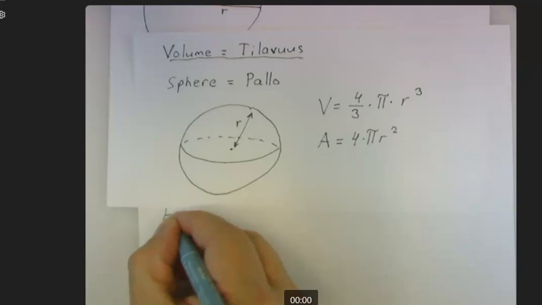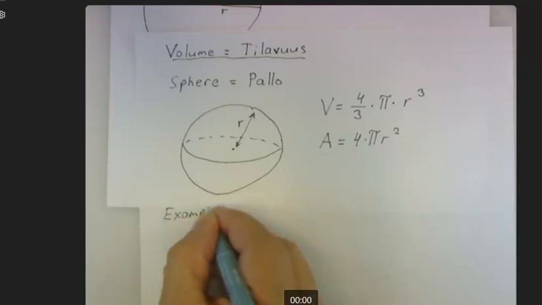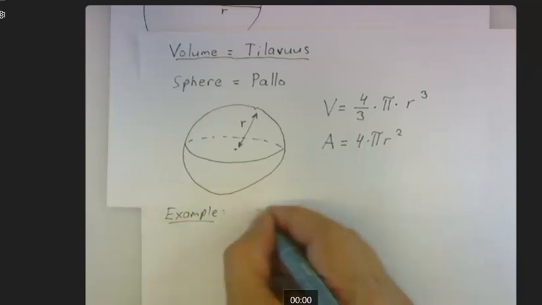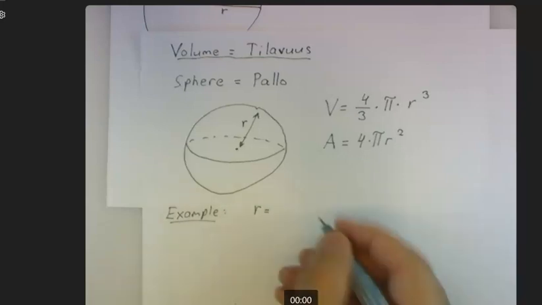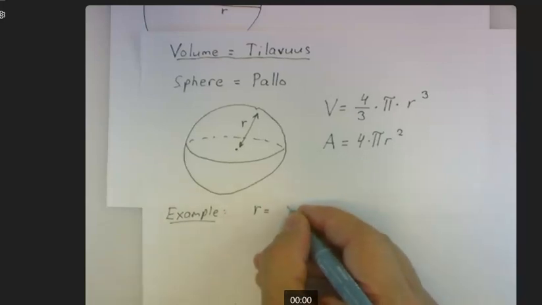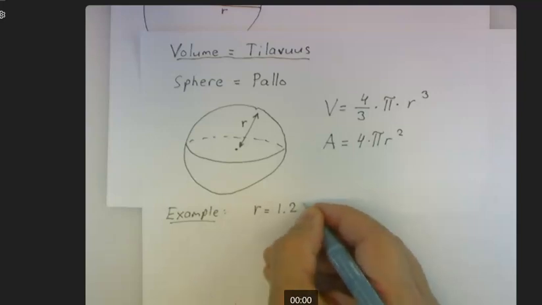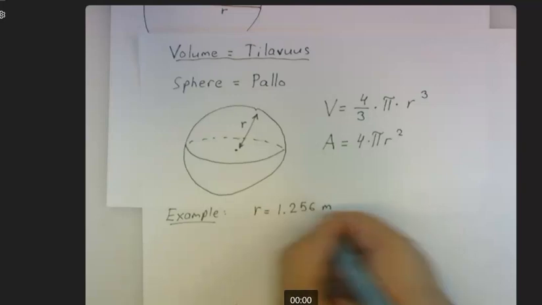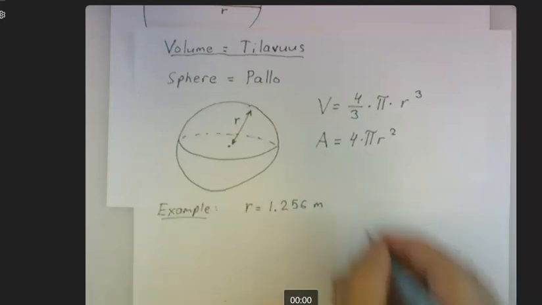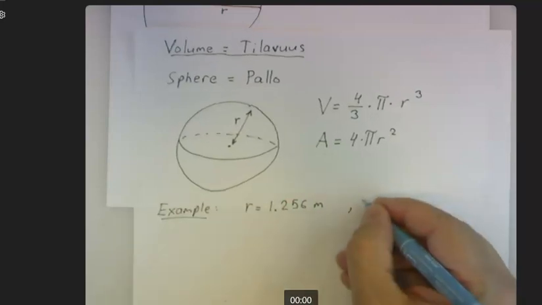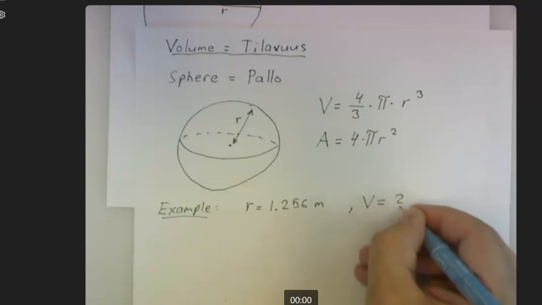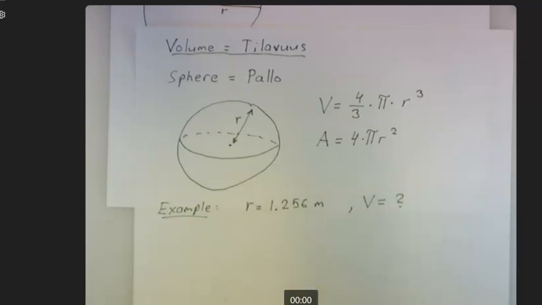Let's take an example. If we know r is 1.256 meters, and we need to find out what is the volume of the ball. So this is an easy one.